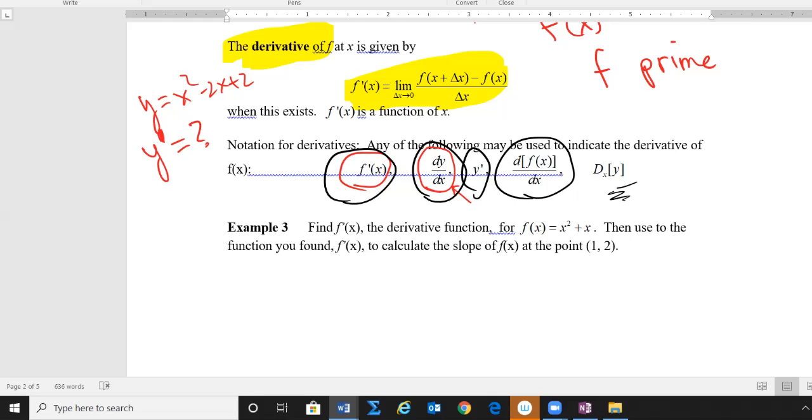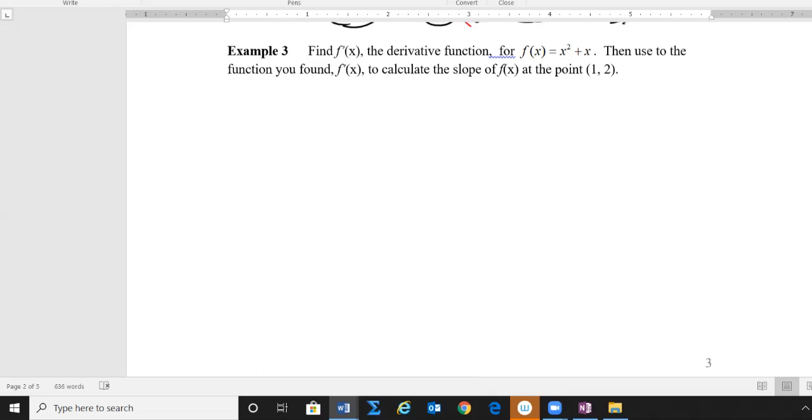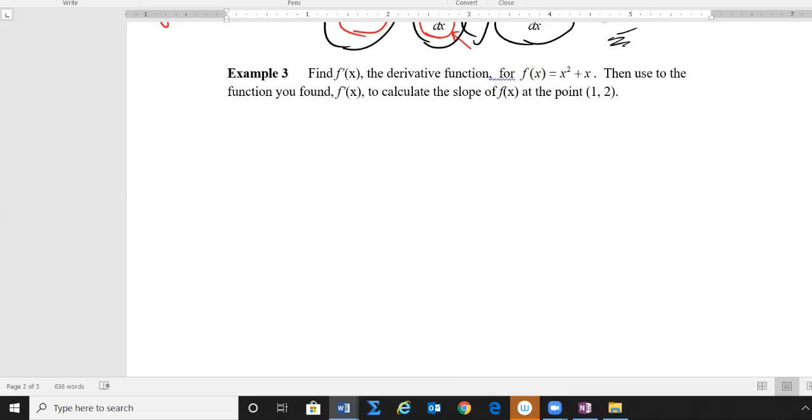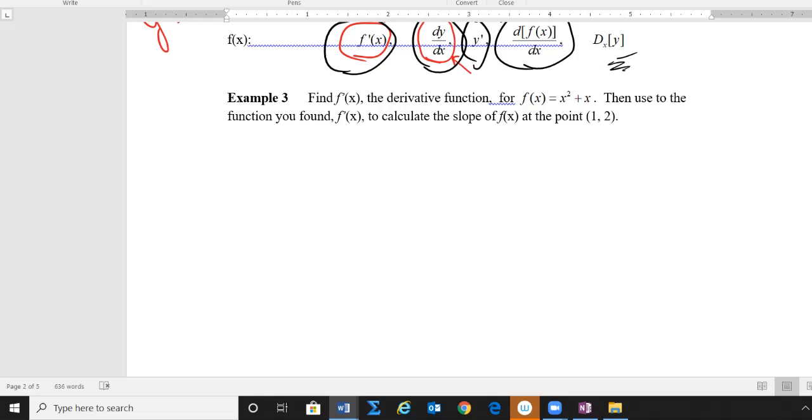Now, let's go ahead and do another example here. We'll try to use some of our new notation. It says find f prime of x, the so-called derivative function, for f of x equals x squared plus x. Then use that function to find the slope at the point (1, 2).